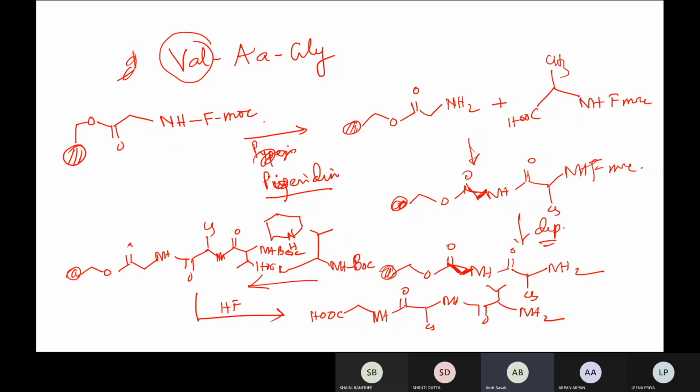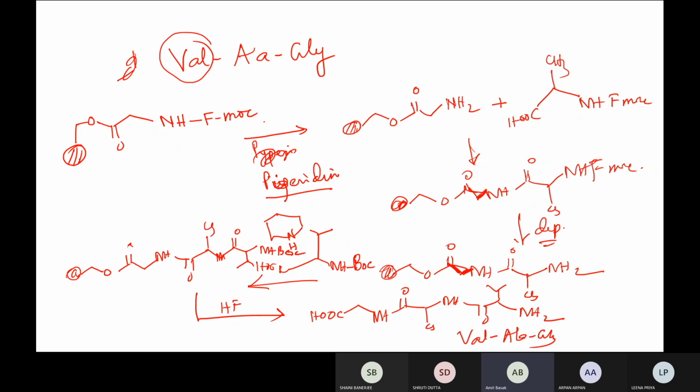But the name of this compound, according to convention, will be valine, alanine, and glycine. Any problem now? Is it clear? The important thing to note is that the amine groups in between, which are inside the peptide, can have the FMOC protecting group.